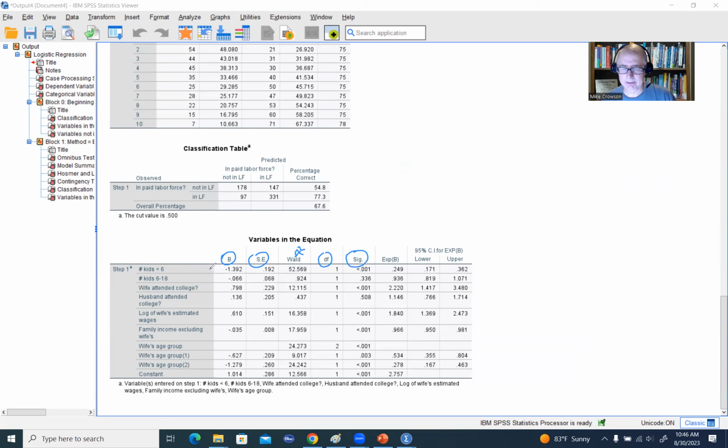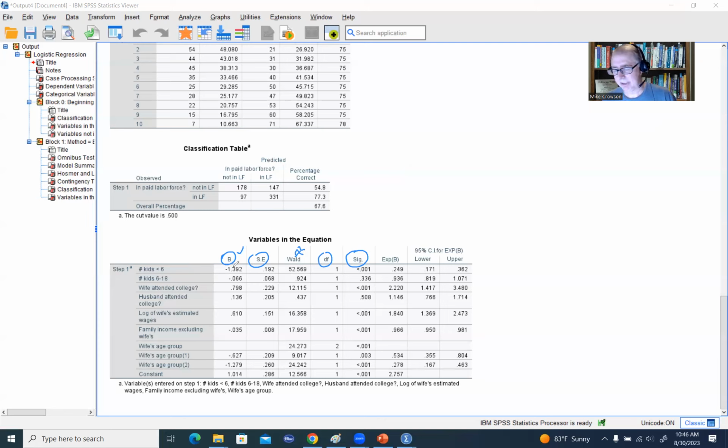So when we're interpreting the regression slopes, we're literally talking about the predicted increase or decrease in logits, which is the transformation I was talking about, as a function of changes on our predictor variables.